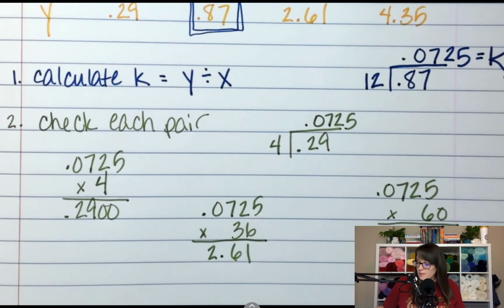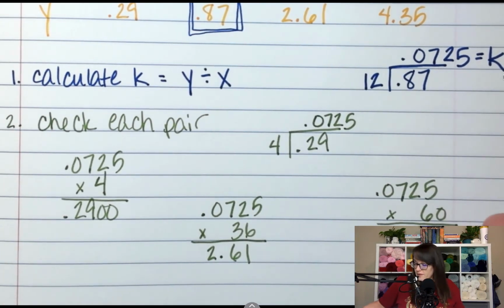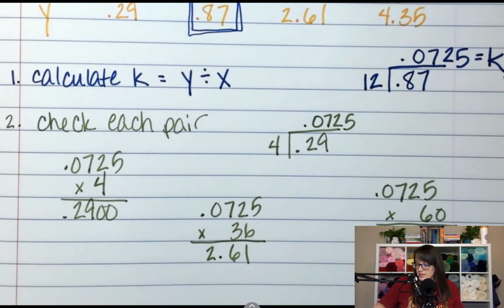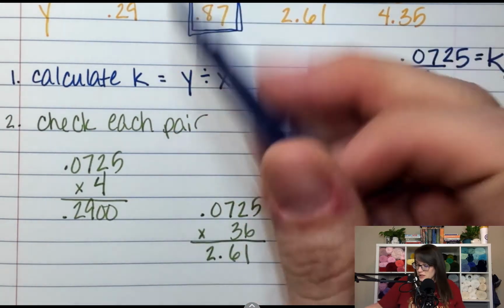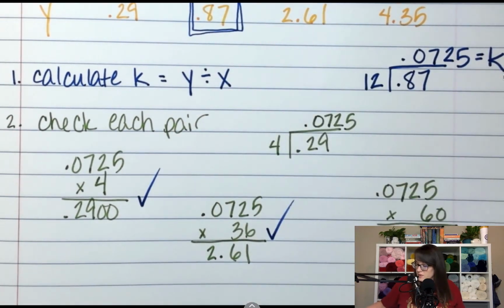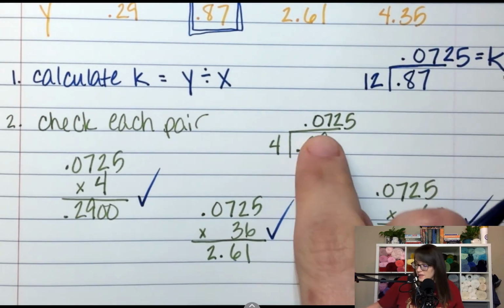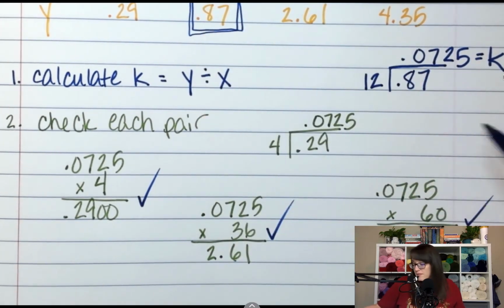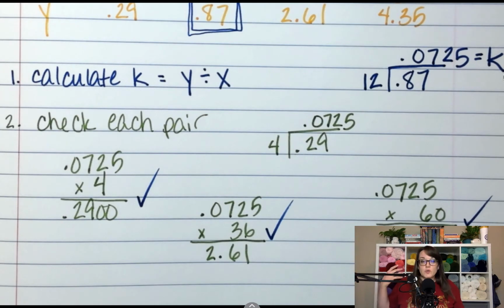What about 0.0725 times 60? 4.35. So since this one matched here, this one matched here, this one matched here, and this one matched there, every one checked and it works, so this is a direct variation. It is a proportional relationship.